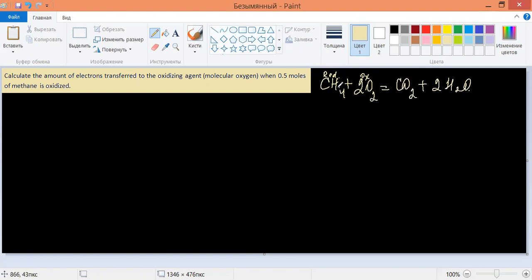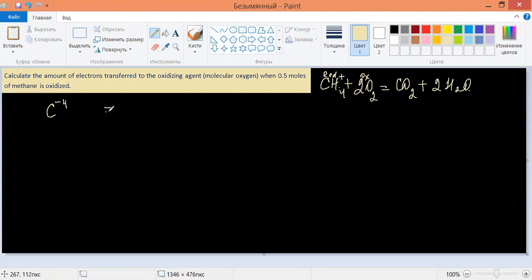So we understand that on the whole, the total electrical charge of any molecule is equal to zero. We understand that the oxidation number is plus 4, right? I'm sorry, minus 4, of course. Why minus 4? Because the oxidation number of hydrogen is plus 1. And if the total electrical charge is 0, we understand that the oxidation number of the carbon atom is minus 4.